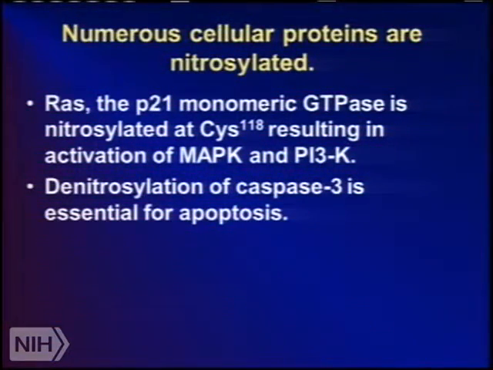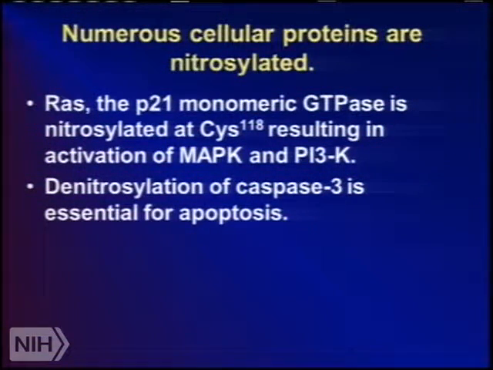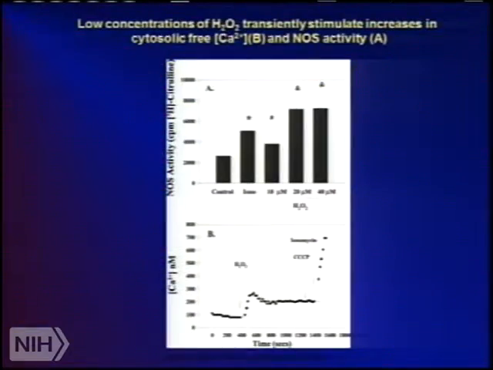When you denitrosylate, then that leads to apoptosis. And in the CNS, one thing that can really get nitrosylated is the NMDA receptor for glutamate, an excitatory transmitter.